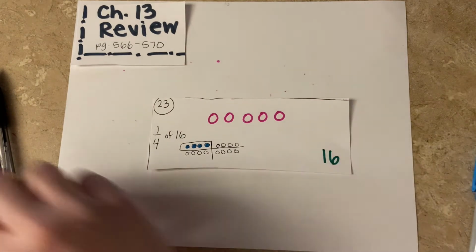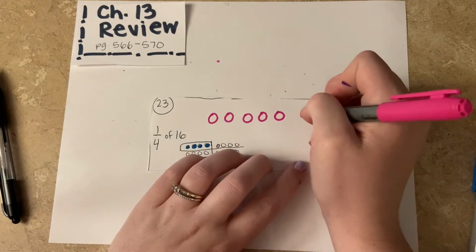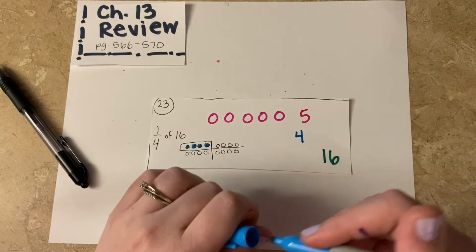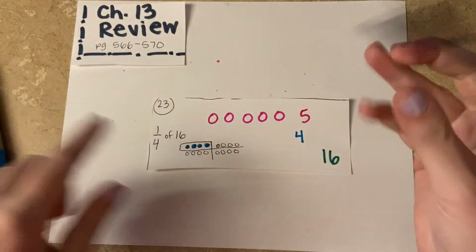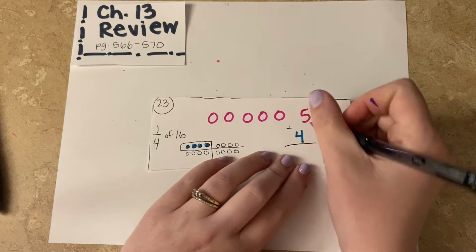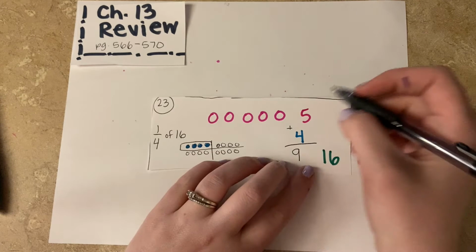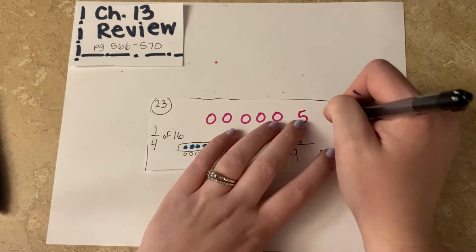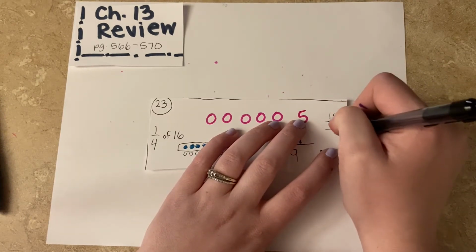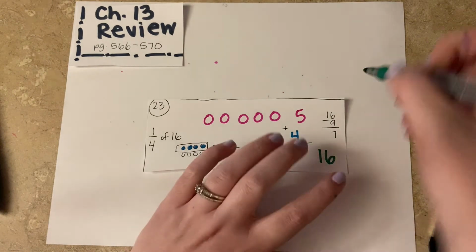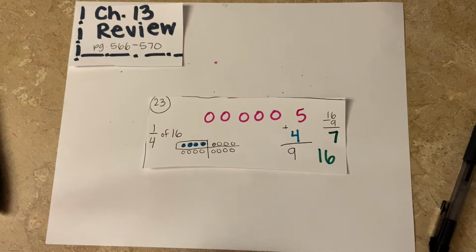So if we have 5 red and 4 blue, okay, we can add those together and we get 9. So how many are going to be left over? So 16 minus 9 is 7. So she has 7 green marbles in her collection.